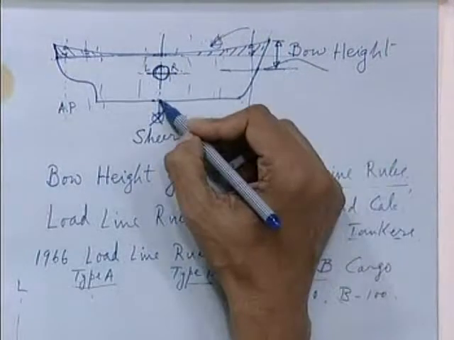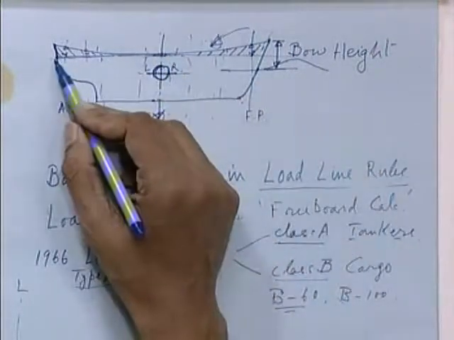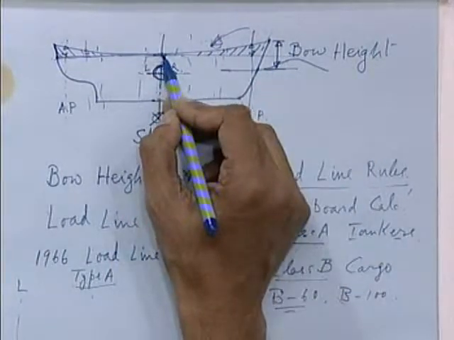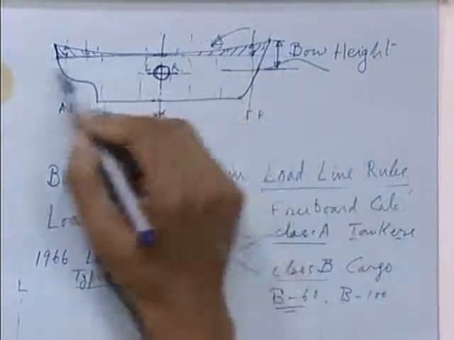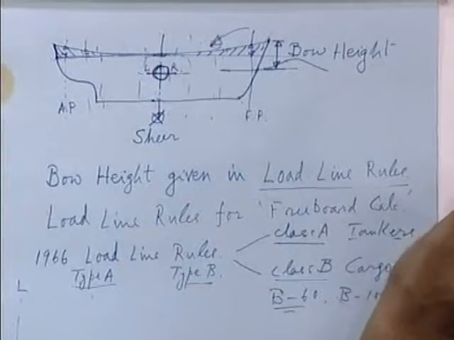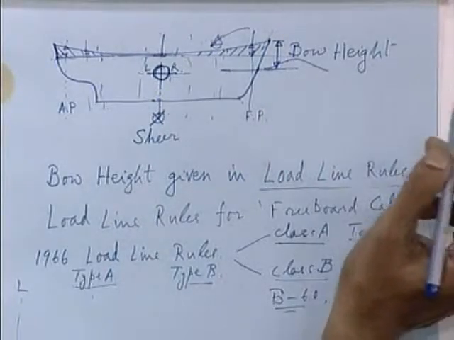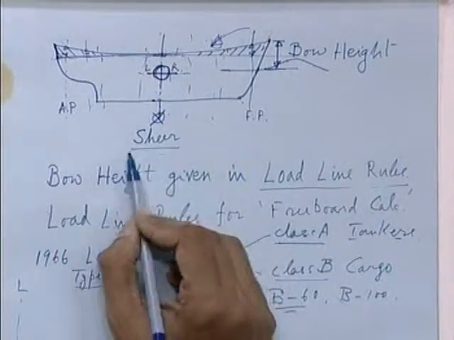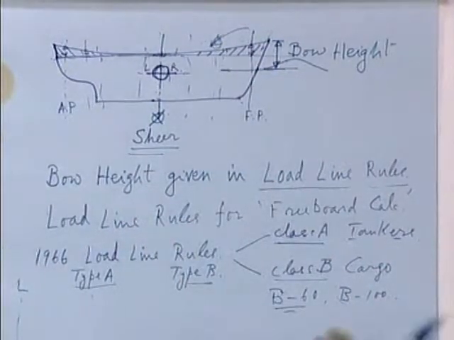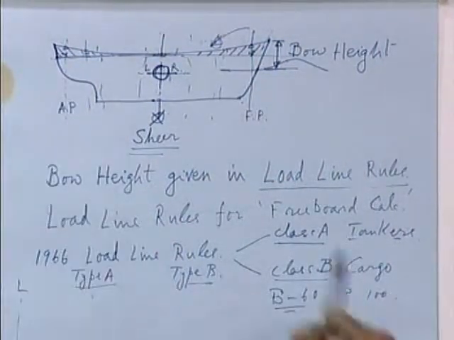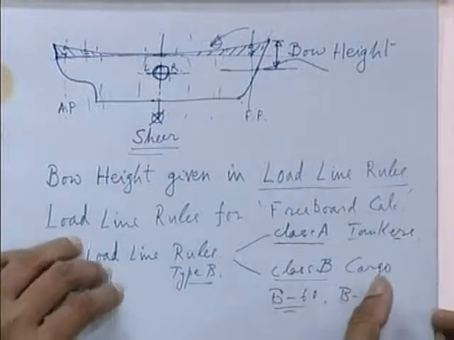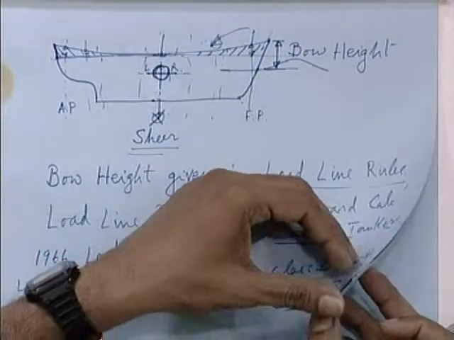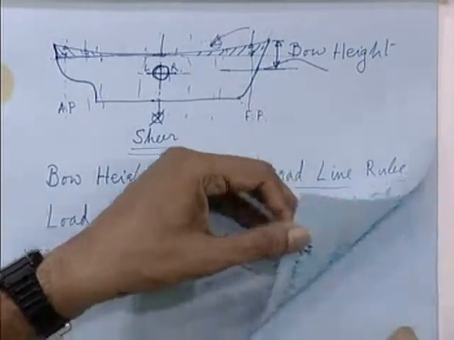So, your molded depth will come to this line, from the top of keel to the horizontal line passing through the lowest point of the deckhead side. So, this was shear, and shear also has to be indicated in the lines drawing. So, that means the deckhead side that you have drawn in the profile will no more be a straight line, but it will have a longitudinal curvature.